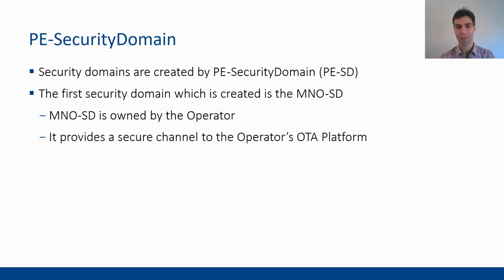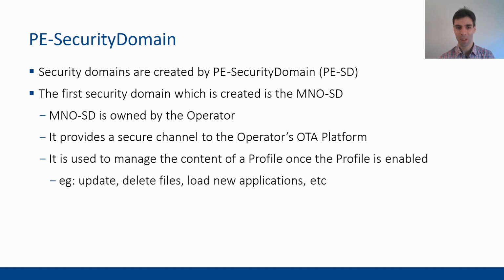It provides a secure channel to the operator's OTA platform, and it is used to manage the content of a profile once the profile is enabled. For example, delete files, load new applications, and so on.